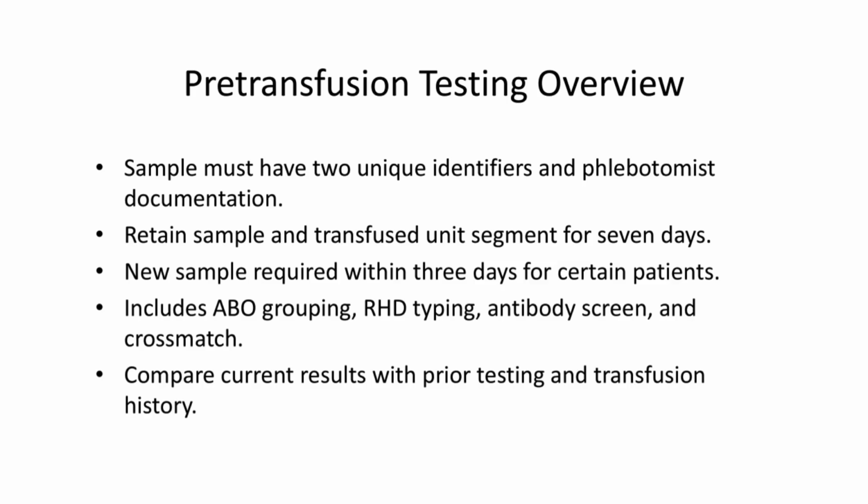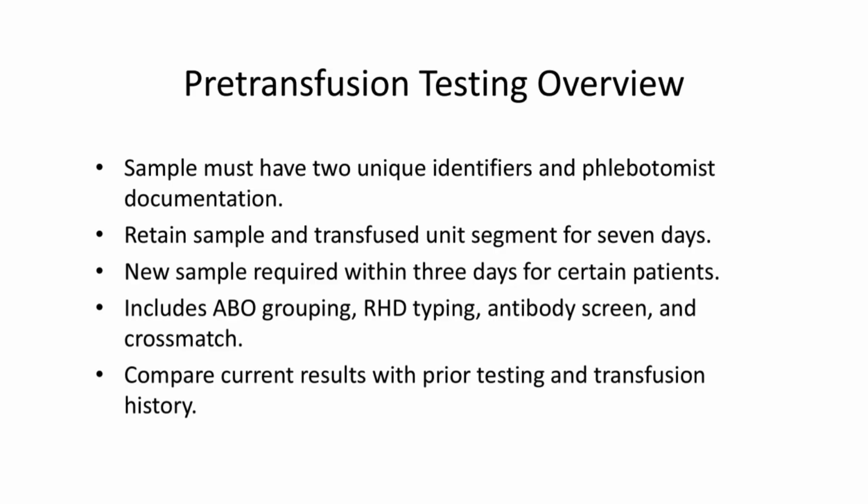Pretransfusion testing. Pretransfusion testing is a critical component of safe blood transfusion practices. It begins with the sample accompanying the transfusion request. The recipient's serum or plasma must be clearly labeled with 2 unique identifiers. Additionally, there must be a system in place to document the identity of the phlebotomist and the date of collection.